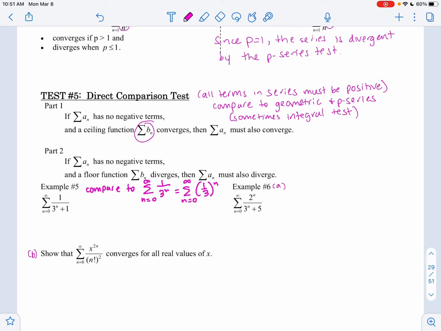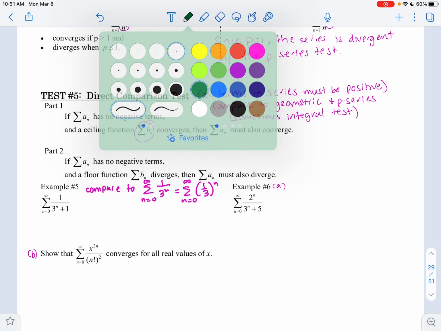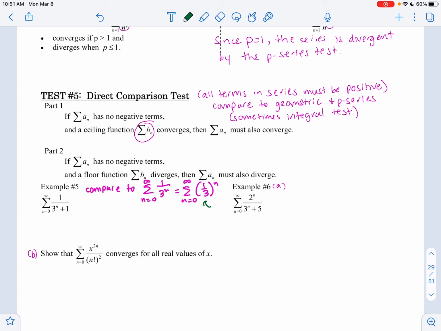And remember, 1 to the nth is the same thing as 1, so we are able to do that. If I have something to the nth power, that tells me this is geometric. So what do I know about this geometric series? I can conclude that since 1/3 is between -1 and 1, this series converges.